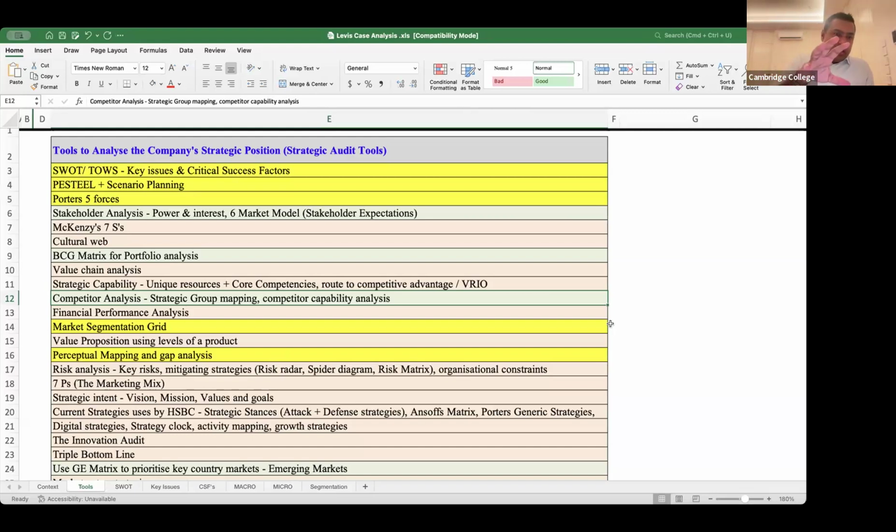In terms of these areas in yellow, we've done already in terms of theory. And I've shared with you 5 world prize winning assignments in the past 5 years: 2020, 2021, 2022, 2023, 2024, and 2025.